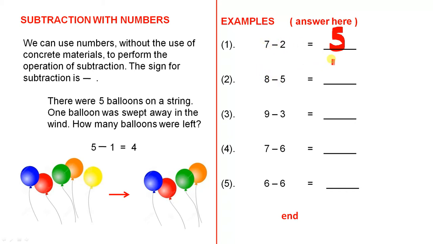8 take away 5 gives you 3. So put your pencil on the 3 and count 5 places to the right. So you have 3, 4, 5, 6, 7, 8. Okay? And that gives you 8 as the original number. So if you wanted to do some dots just to check you were correct, you could do it that way.